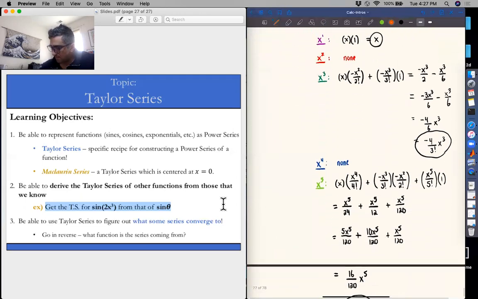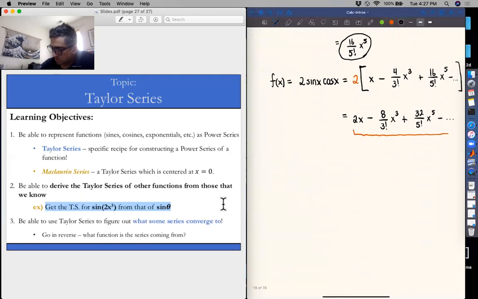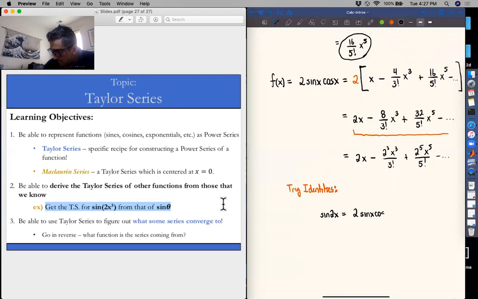So why does that make sense? Just to make this crystal clear, we have that 2 to the 1st times x. Next, we have a 2 cubed x cubed all over 3 factorial, plus that 32 is actually a 2 to the 5th x to the 5th over 5 factorial. And then, of course, lots of other terms. And if you remember some trig identities, one of these trig identities is that sine of 2x is equal to 2 times sine of x times cosine of x.